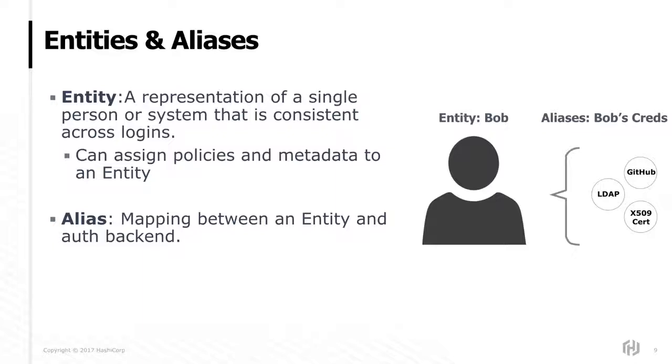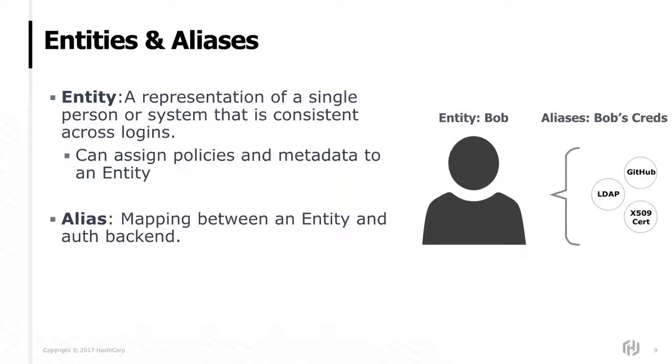So within identity, there are a few different objects. So we have an entity, which represents this single person or system that we keep track of across all their logins. And so you can assign specific policies and metadata to an entity. And then we also have aliases, which is the mapping between an entity and one of their credentials in an authentication backend.